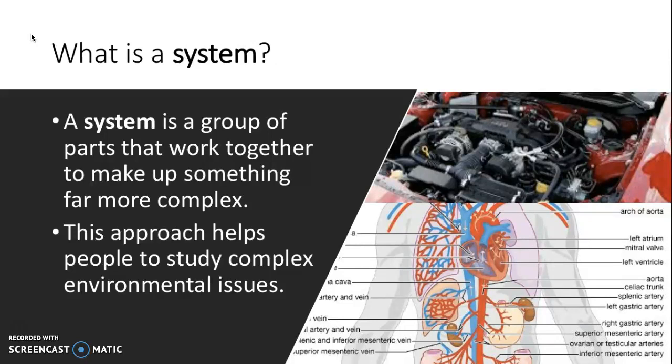A system is just a group of smaller parts that work together to make a more complex whole. We could think about all the different parts in your car engine working together to make your car move and function. We'd also think about all the smaller parts of your body systems.